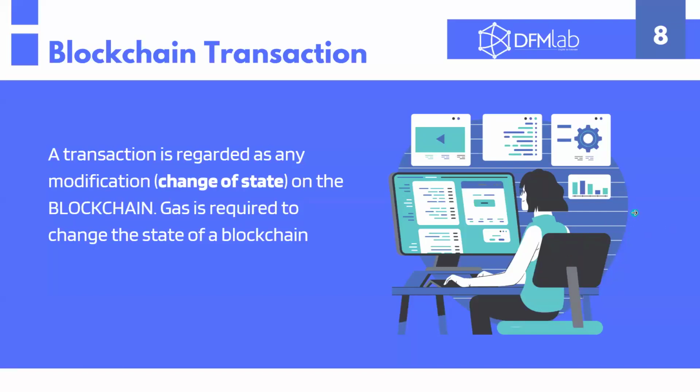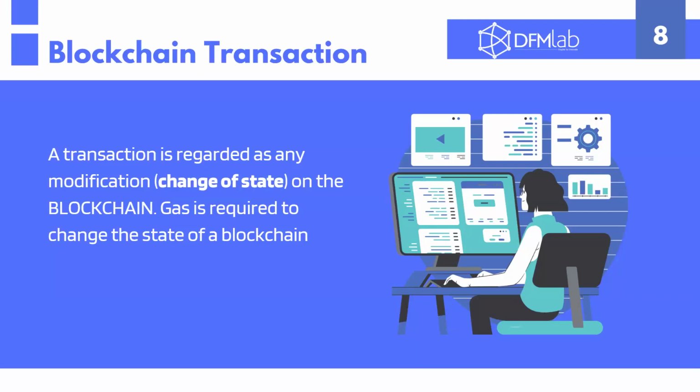And when you sign into an account, you're also performing a transaction. But in most cases, a transaction is basically changing the state of the blockchain. So when you do that, you pay a gas fee or some kind of fee, which is native to every blockchain. For Celo, it's the Celo token.